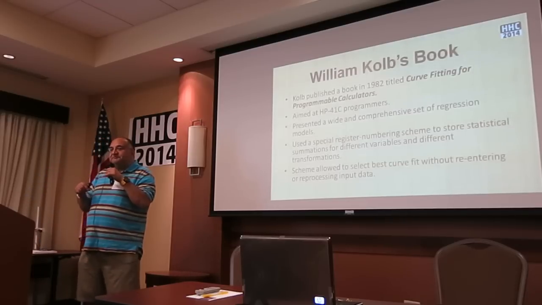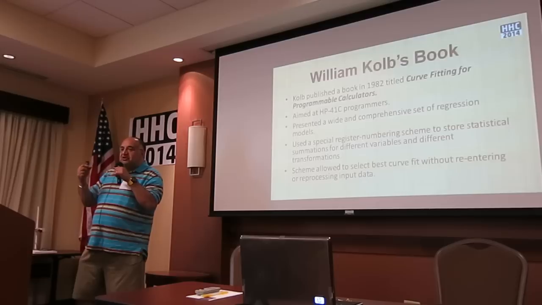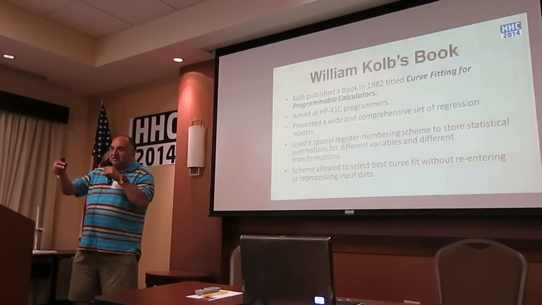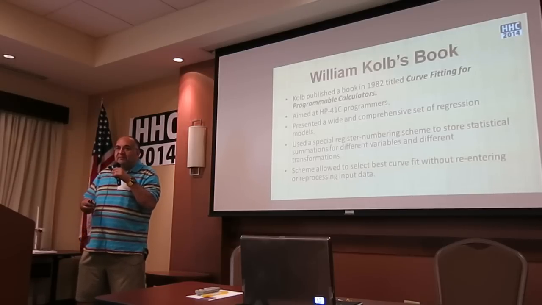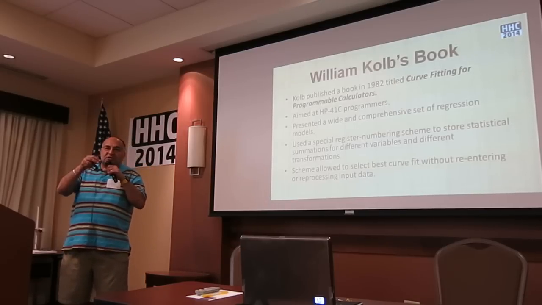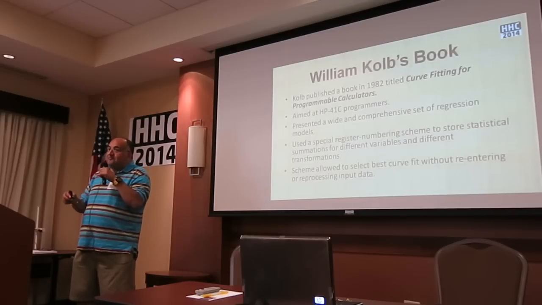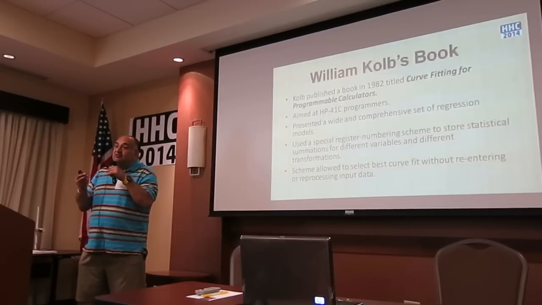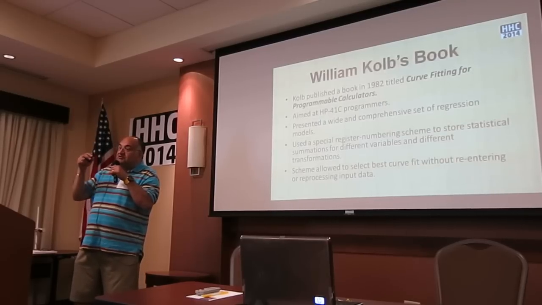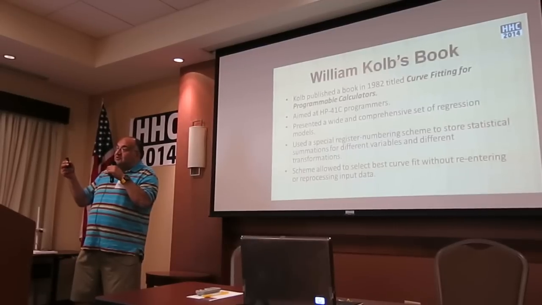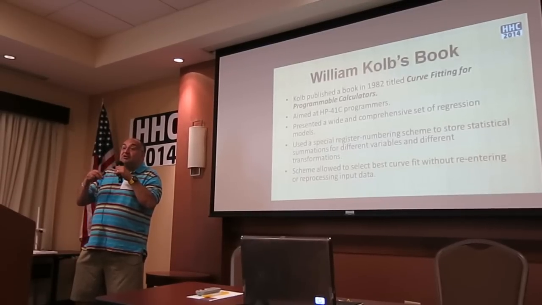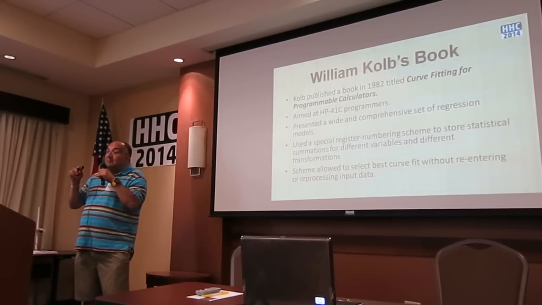And in his book, each chapter would introduce the type of curve he's doing, show you the registers he's using and what summations they're tracking. And then he would give you a formula to calculate the slope, intercept, and other regression coefficients and the coefficient of determination for that model.